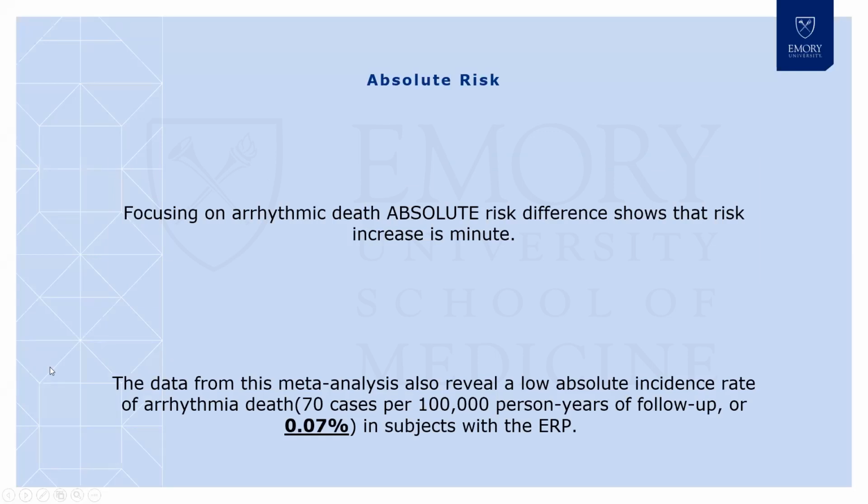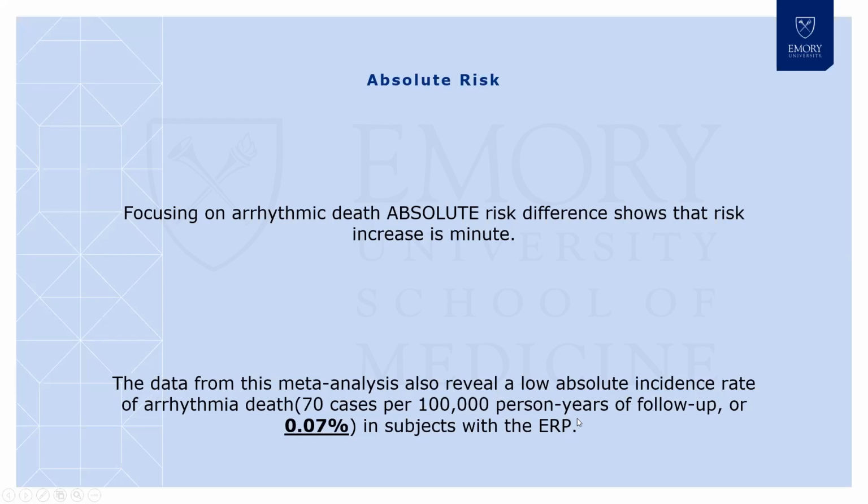That meta-analysis is also interesting because it allows us to focus on the absolute risk of having this early repolarization pattern. So the absolute yearly incidence of sudden cardiac arrest was 0.07%, or 70 cases per 100,000 person-years in patients with early repolarization.